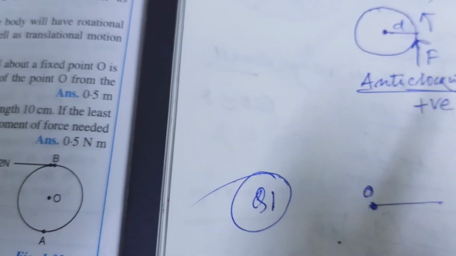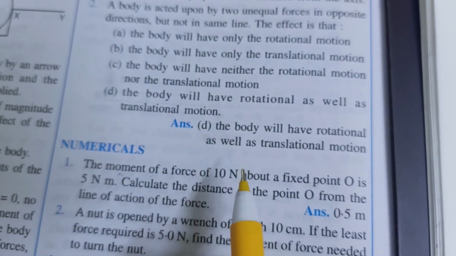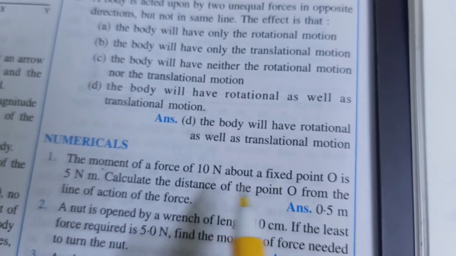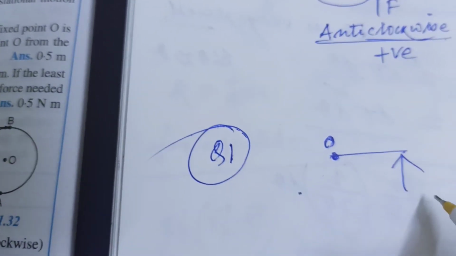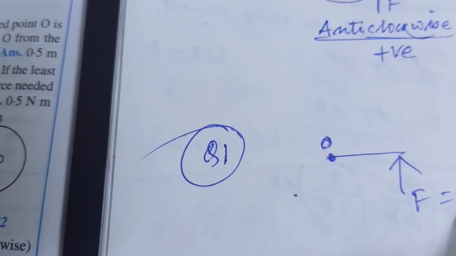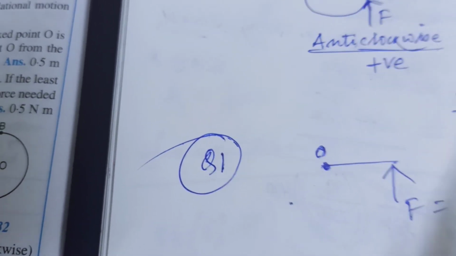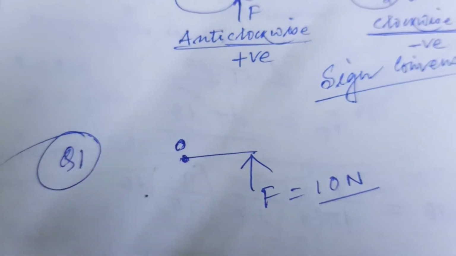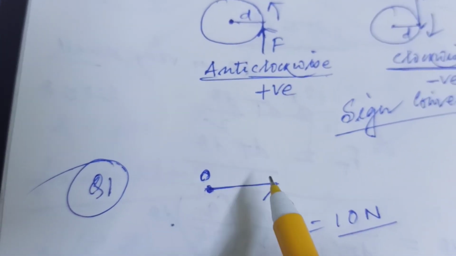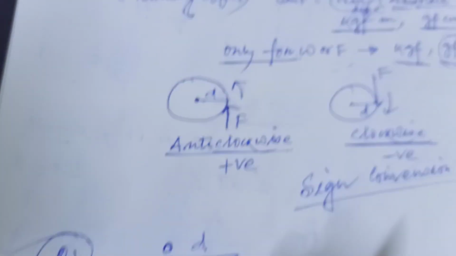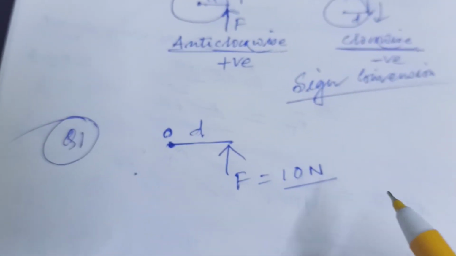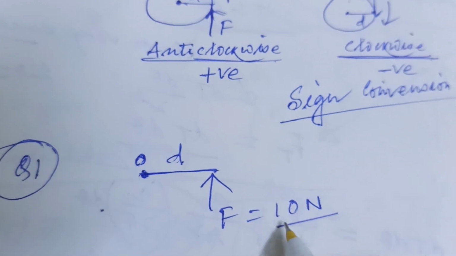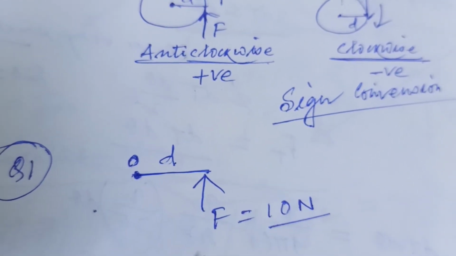Here a force F is given, equal to 10 Newton, and the perpendicular distance is suppose d, because the formula is tau equal to F into d.